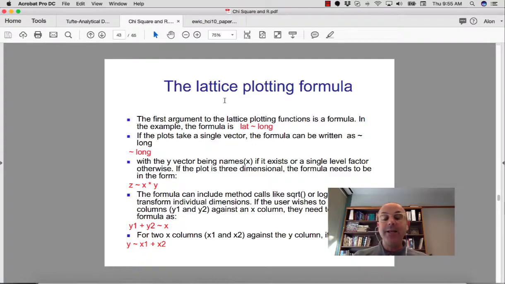In the first argument, I use a formula consisting of y connected with x, conditioned on z, and basically y1 plus y2 connected with x. Those are a common platform that we are going to talk about next time in our time series.